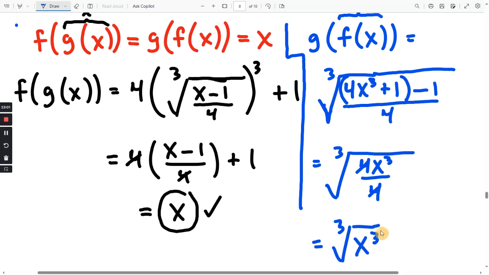The cube root of x to the third, just like before. When you have the cube root and you raise that to the third power, it's just going to be that thing. So the cube root of x to the third is just x. So we got x for both of them. So they are definitely inverses.